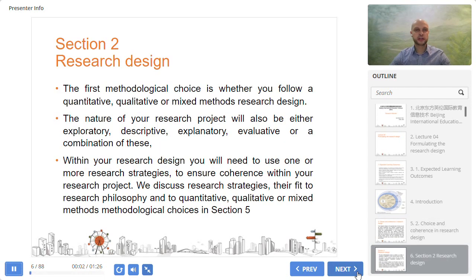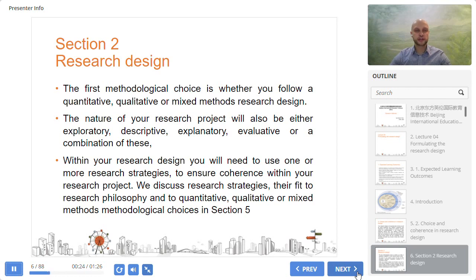Let's start talking about research design. The first methodological choice is whether you follow a quantitative, qualitative, or mixed methods research design. The nature of your research project will also be either exploratory, descriptive, explanatory, evaluative, or a combination of these.